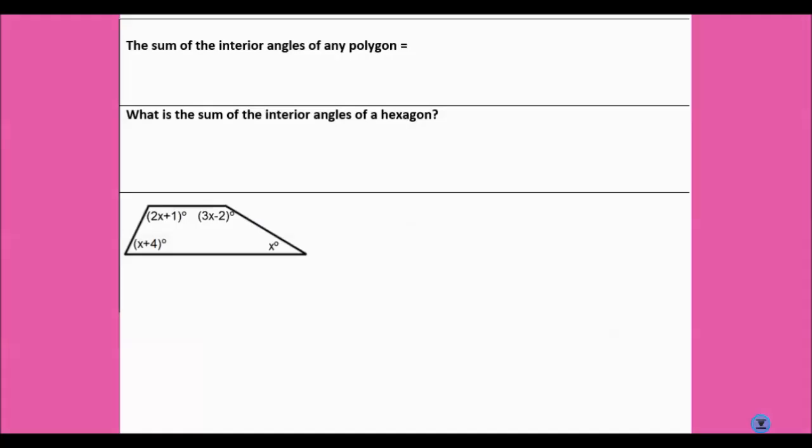So our formula for the sum of the interior angles of a polygon is 180 times n minus 2. So what is the sum of the interior angles of a hexagon? Well, a hexagon we know has 6 sides. N here stands for the number of sides.